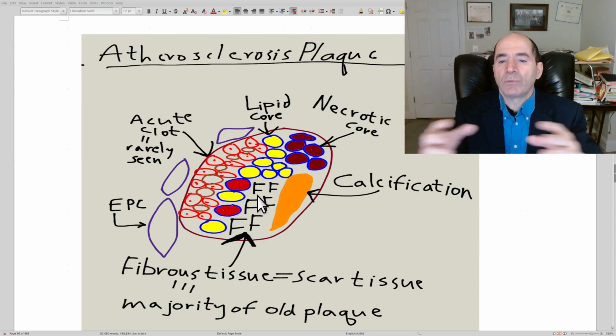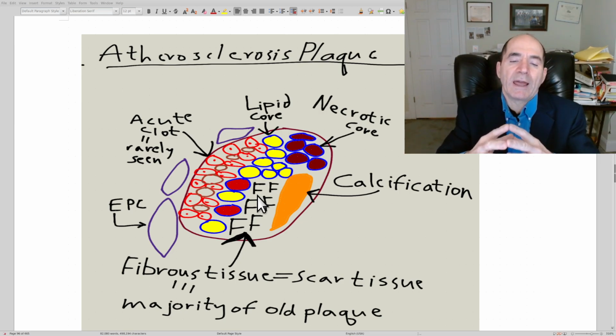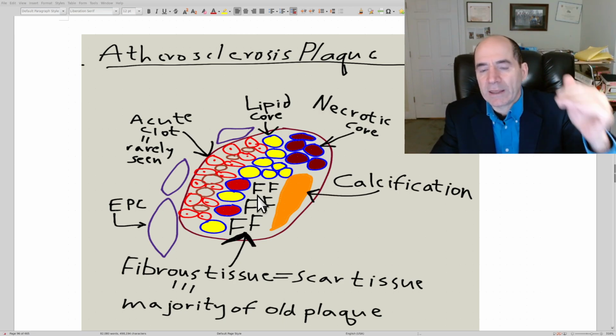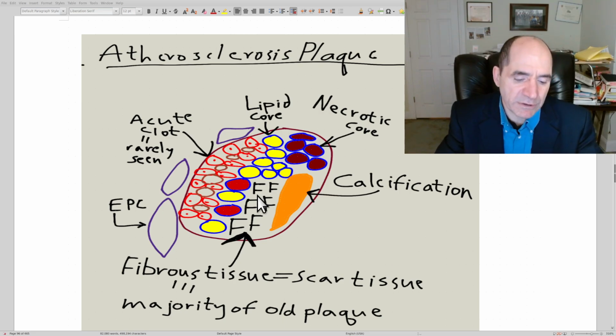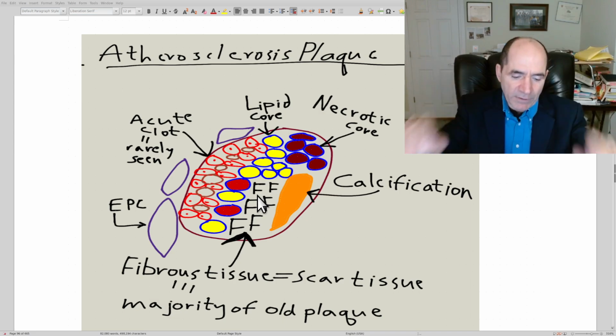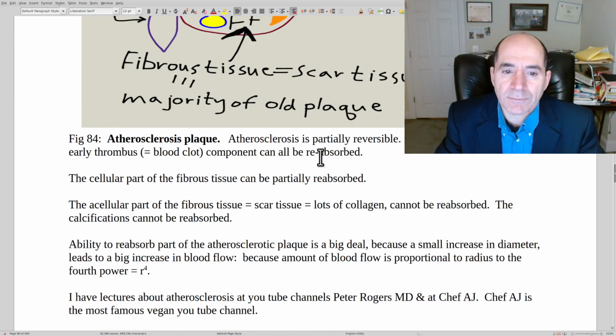That's been shown with Dr. Dean Ornish's work and SPECT scans, with cardiac caths in the work of Esselstyn, and McDougall has seen that on cardiac caths. Nathan Pritikin mentioned seeing some of that. And there are animal studies with monkeys showing some reversibility of atherosclerosis from very low-fat diets.